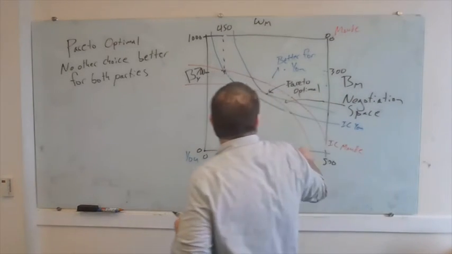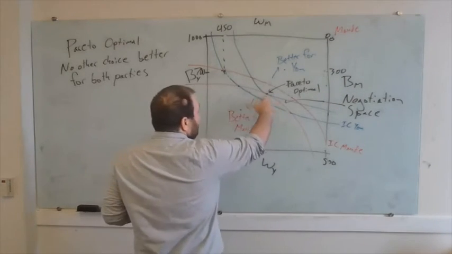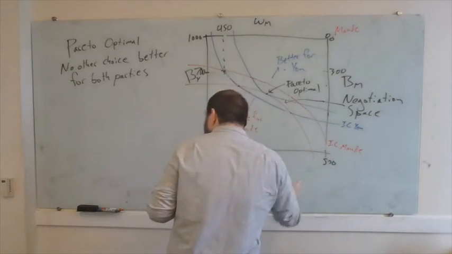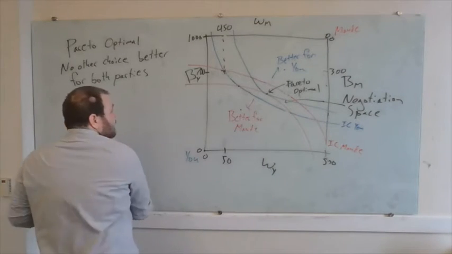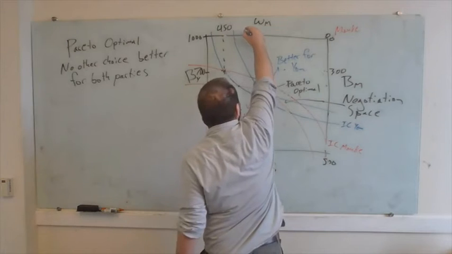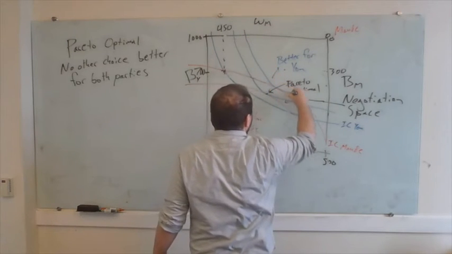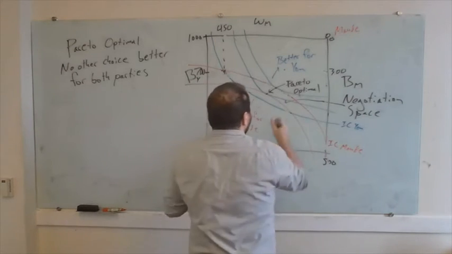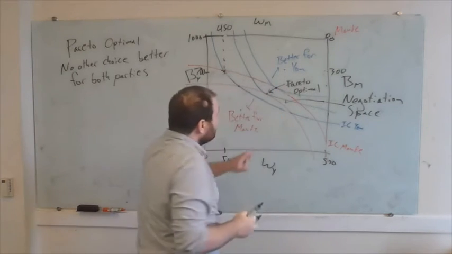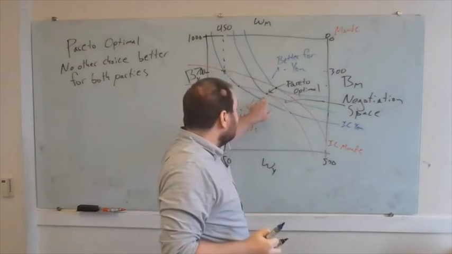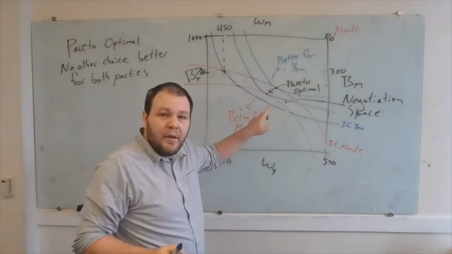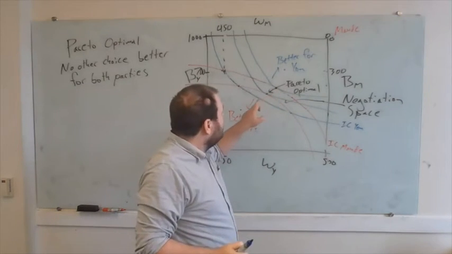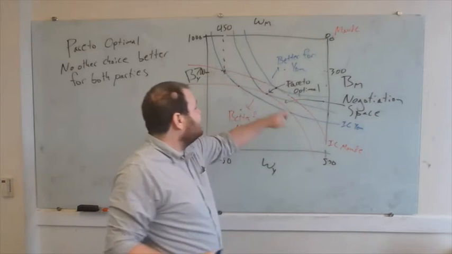It's the only choice where you could be no better off when Maud's exactly as happy as she is here. But a point like this is also Pareto optimal. Because at this point, you're a little happier than you were there, and Maud's a little sadder than she was there. But at this point, you can't be any happier without making Maud sadder.